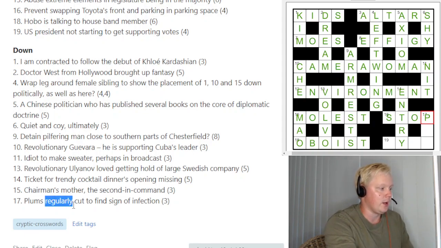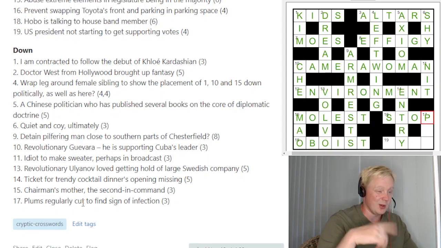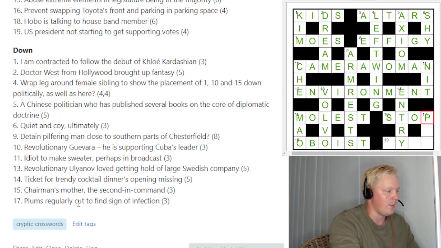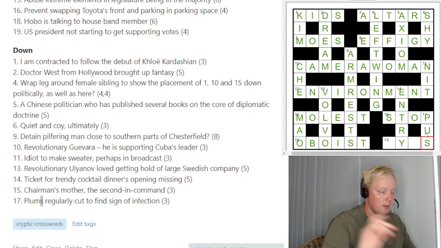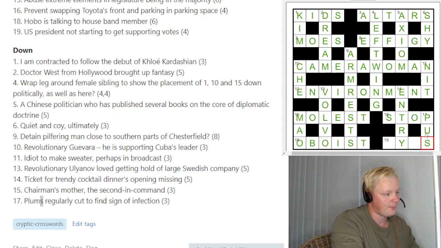And here we have regularly cut, just meaning take out every other letter. Basically means the same thing. So here we have P-U-S, and pus is a sign of infection. So that is the answer here. That's a letter selection, selecting every second letter.